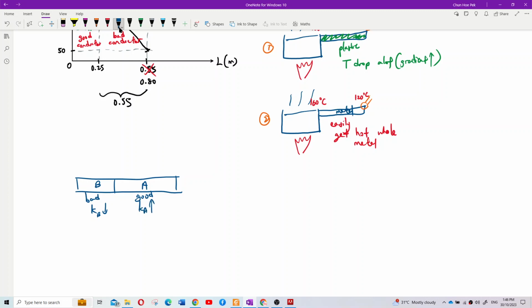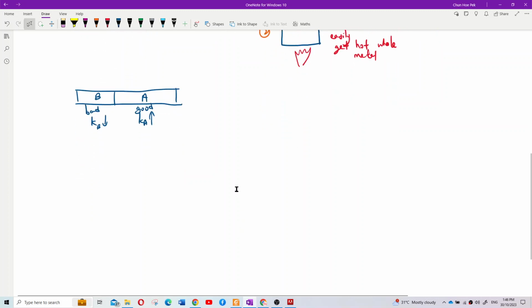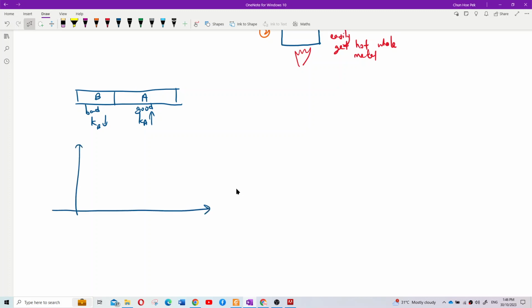What do you think the graph will be? Temperature against distance. If the bad conductor is this way, which one has a bigger gradient, class?